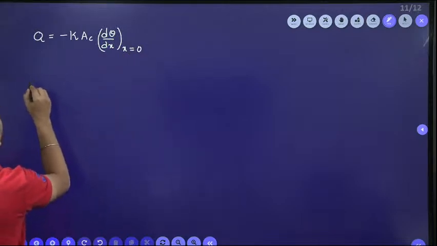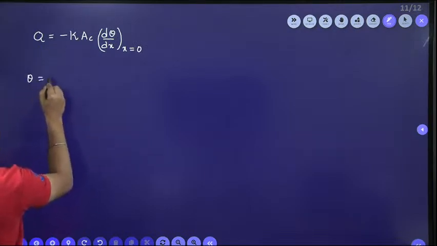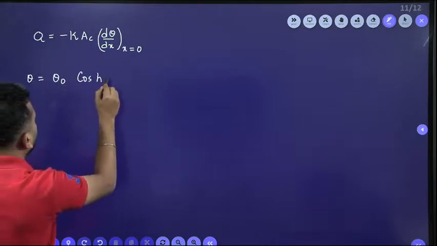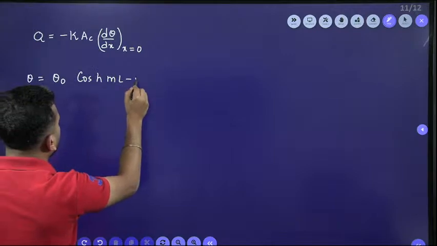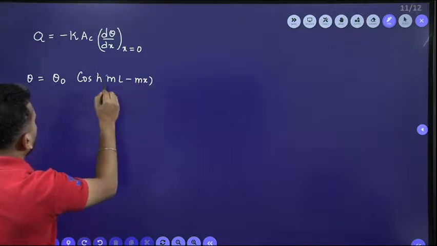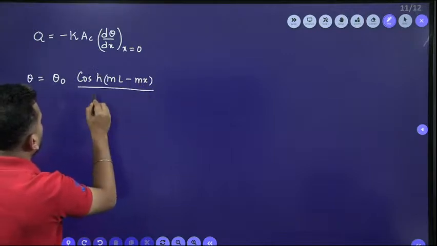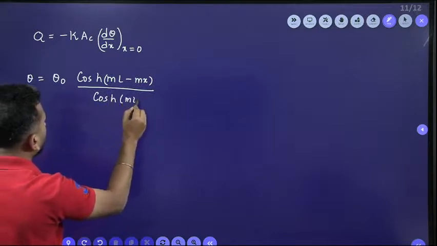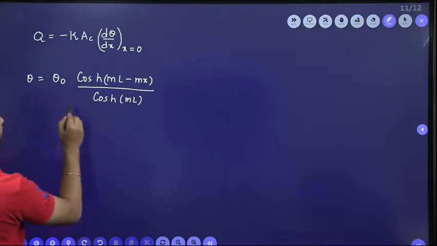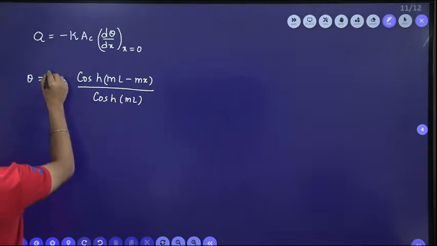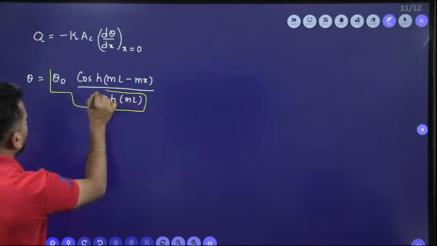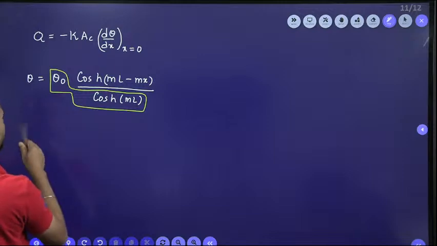Okay. So, first K and AC are fine, but we have to find d theta by dx. So this thing is constant, only this is the variable.